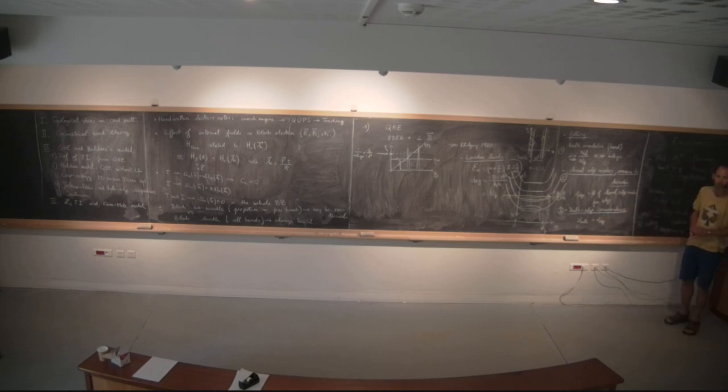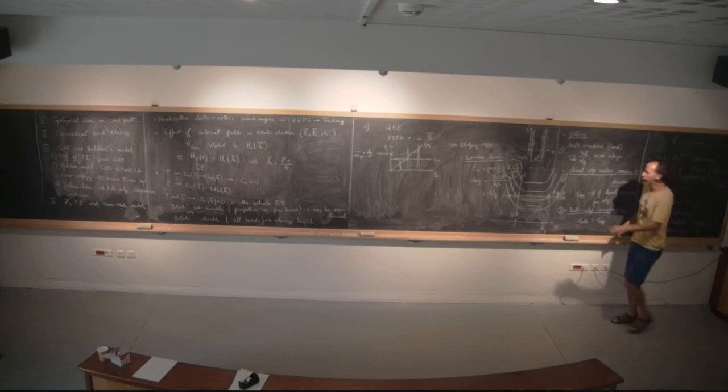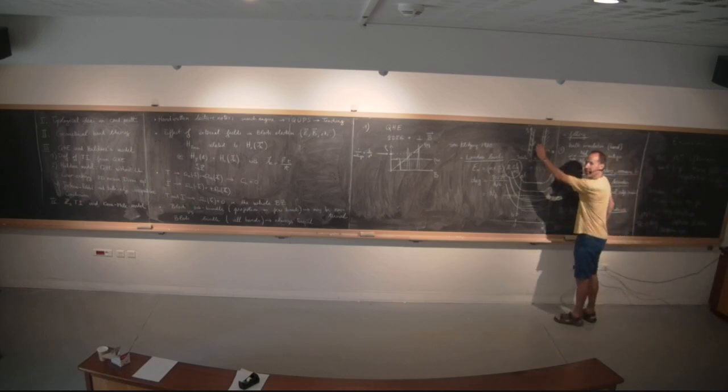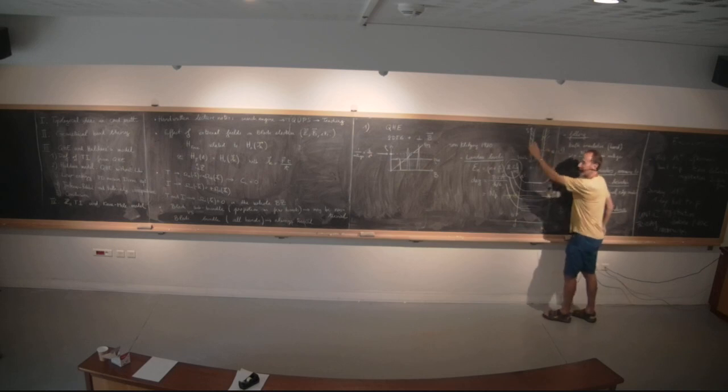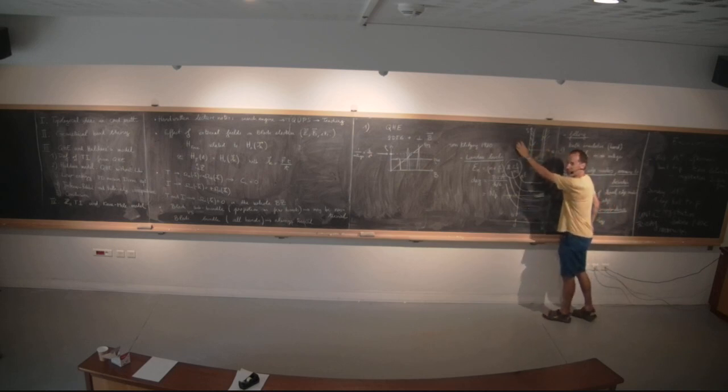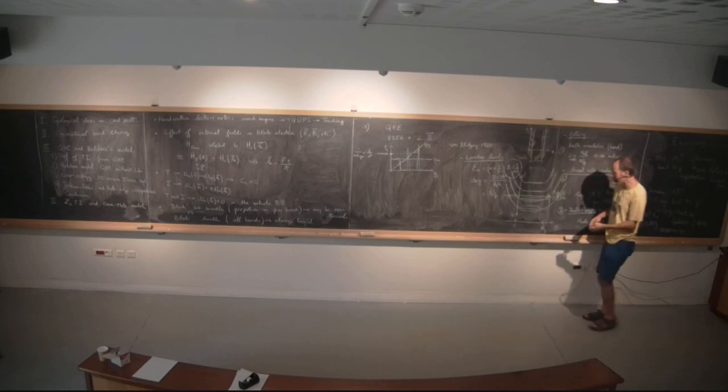The more general form is that actually you should compute the bulk index for this insulator, and then you have other insulators on the two other sides, which are just the vacuum. And the bulk edge correspondence is a relation between the number of edge states and the difference in the bulk indices.